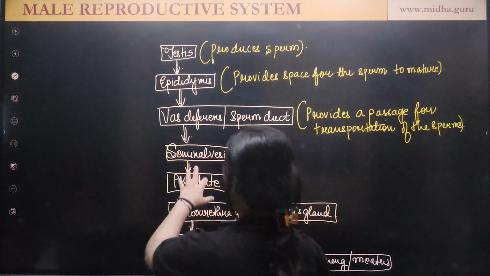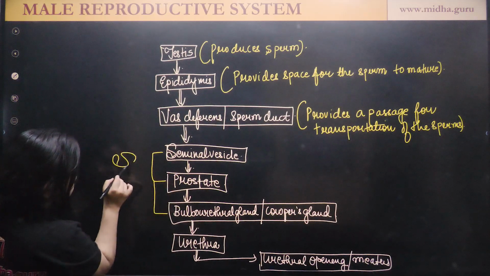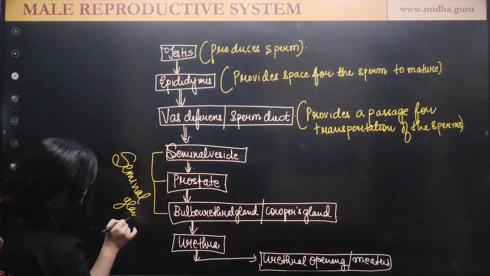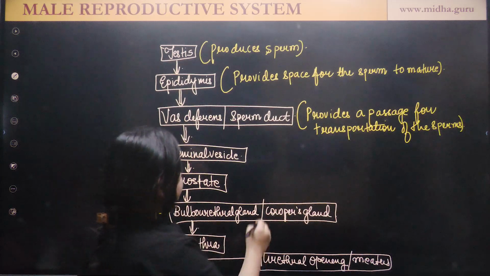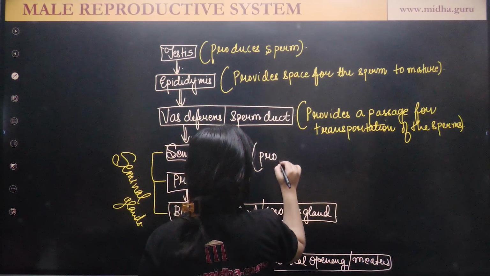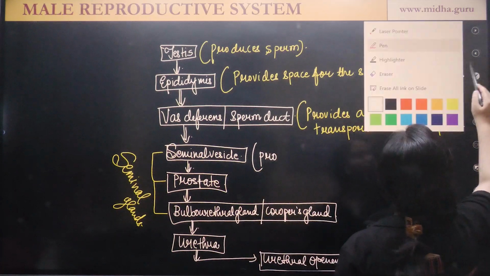Next we have these glands. These glands together are called seminal glands. So seminal fluid is basically produced by this seminal vesicle. Secretes would be the more prominent term.